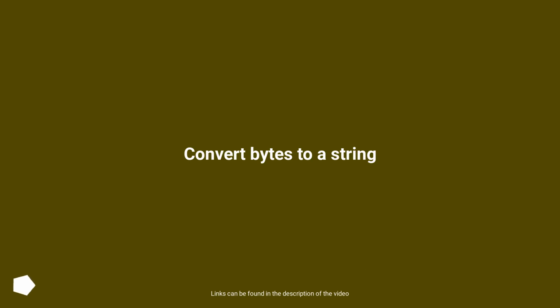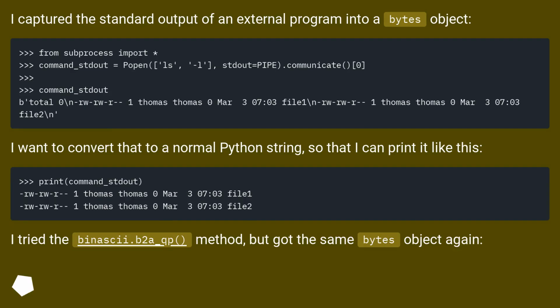Convert bytes to a string. I captured the standard output of an external program into a bytes object. I want to convert that to a normal Python string, so that I can print it like this.